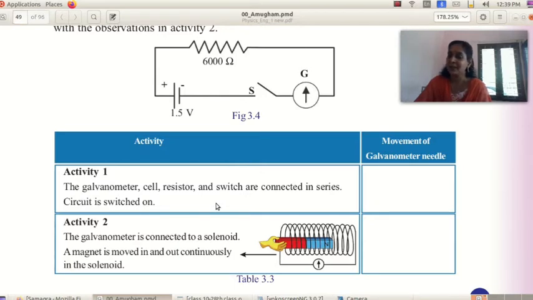We connected the galvanometer, cell, resistor and switch in series. When the circuit is switched on, the galvanometer shows deflection to only one side. So this current is unidirectional current. It flows only in one direction. The current obtained from a battery or cell is unidirectional.